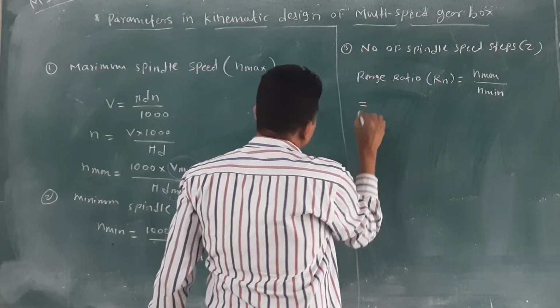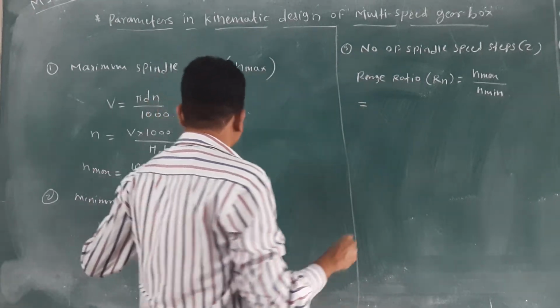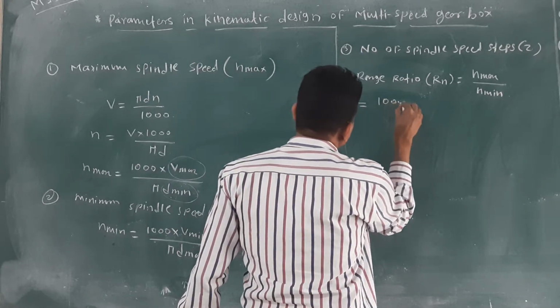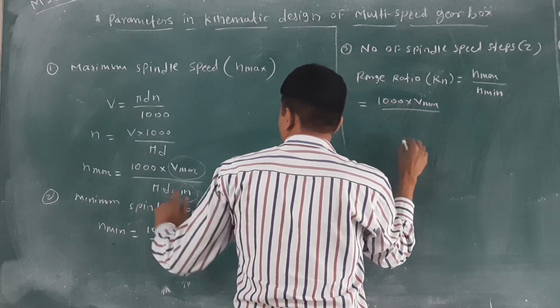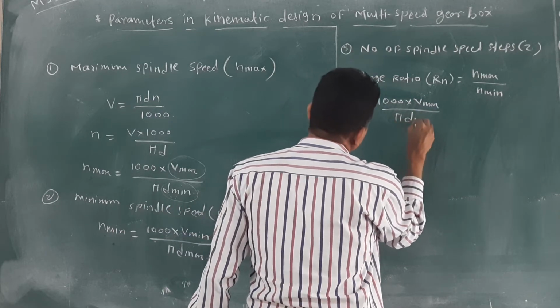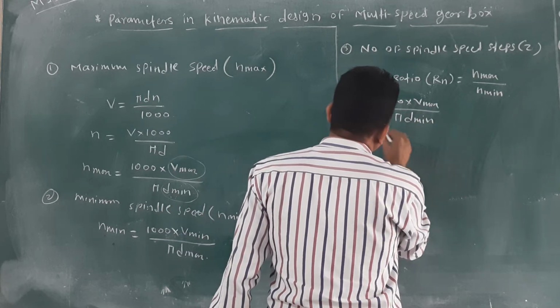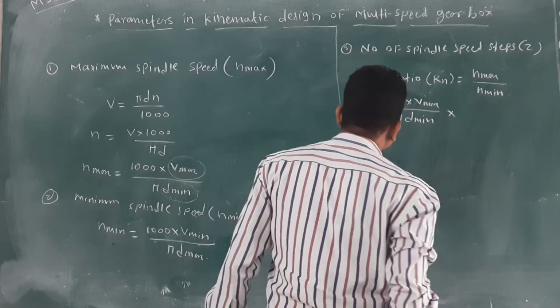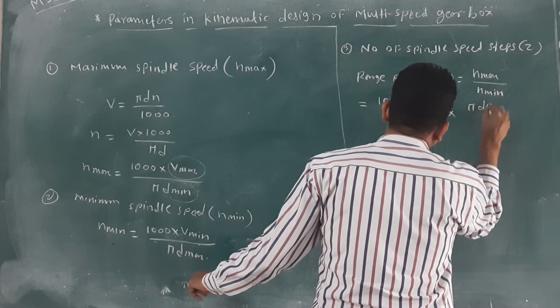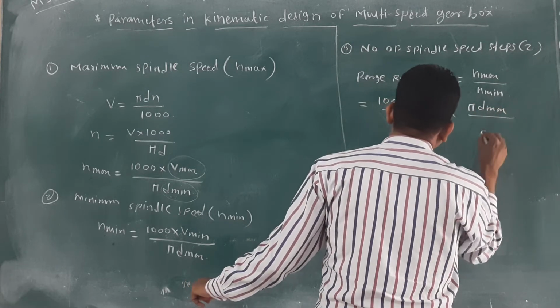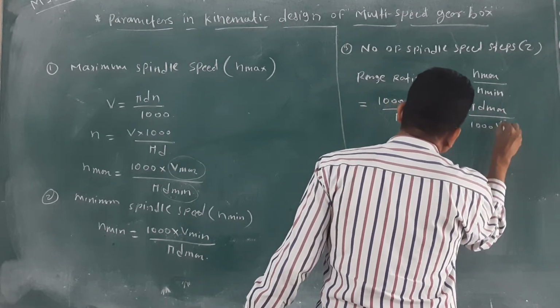Rn is equal to 1000 into Vmax divided by pi d minimum, multiplied by pi d max divided by 1000 into V minimum.